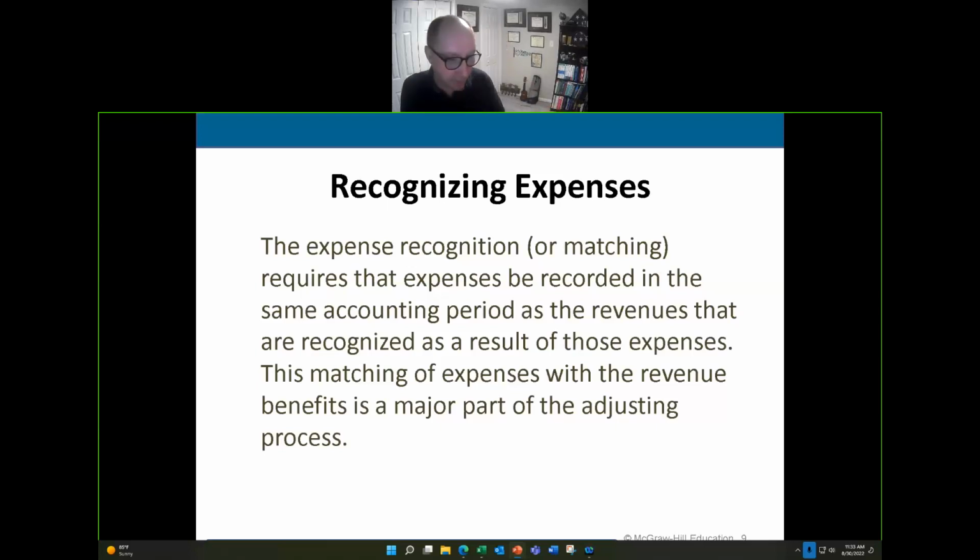What I mean by that is, I need to say this expense occurred in this month that's related to the sales I made for that month. Example, I received recently my electric bill for the month of July, and I paid it in August.